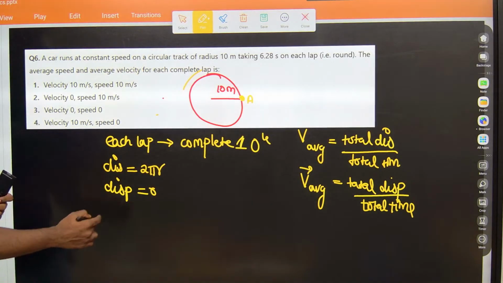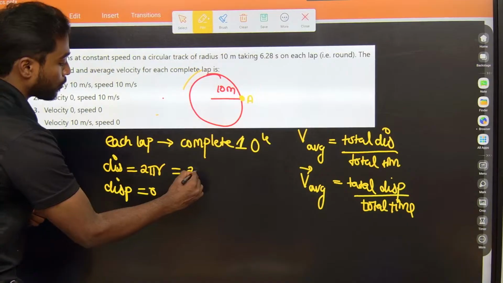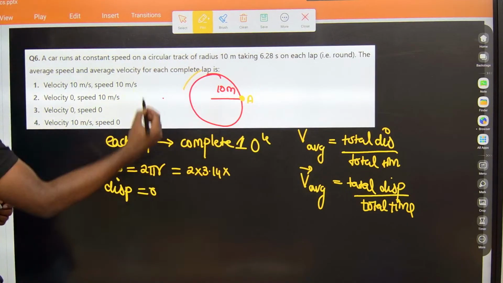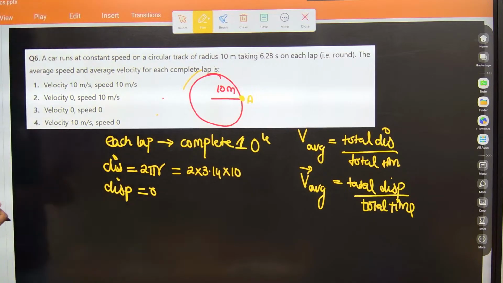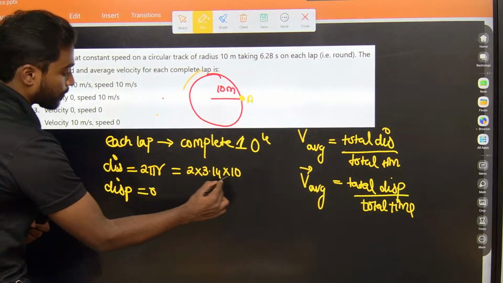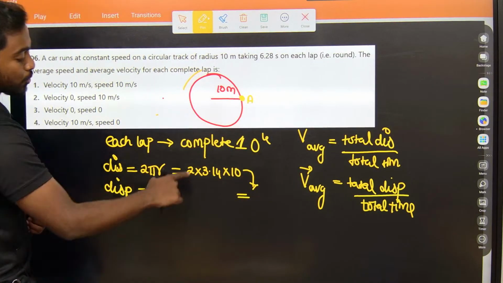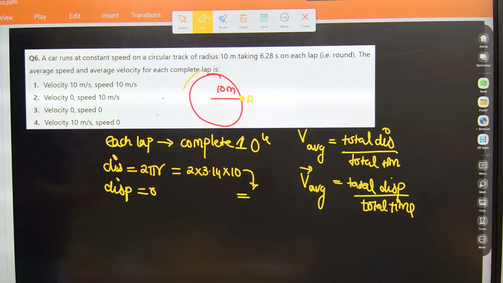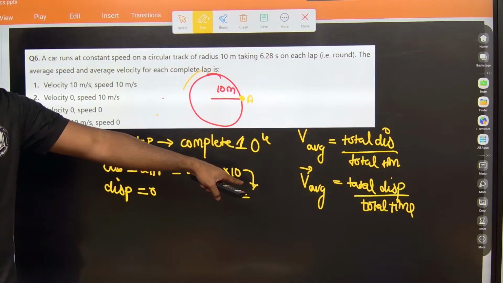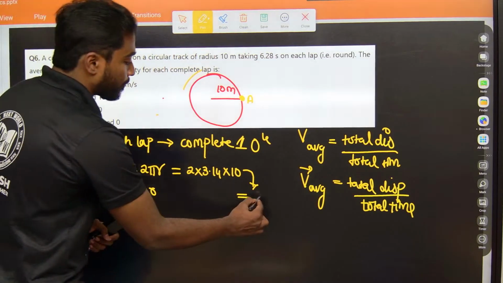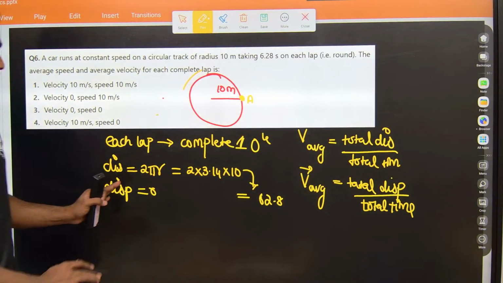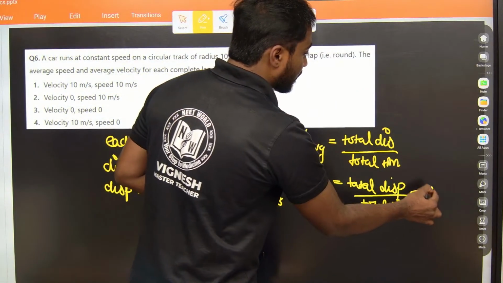So 2 into 3.14 into r, which is 10. 2 into 3.14 is 6.28, 6.28 into 10, it is 62.8.